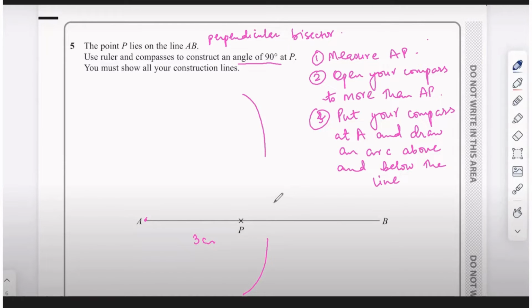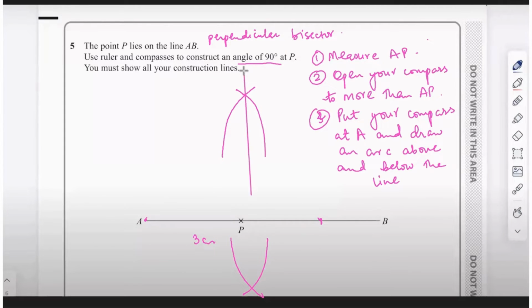Then you will repeat the same steps by putting your compass somewhere over here. Whatever AP was, you will mark that distance over here on this side. And if let's say that's over here, you'll put your compass over here and you will draw 2 more arcs with the same distance that the compass was open to for drawing these 2 arcs from A.